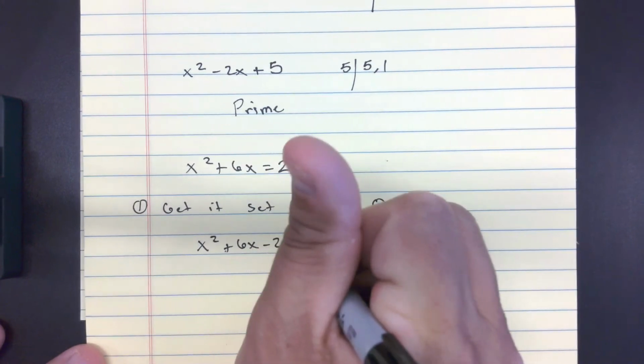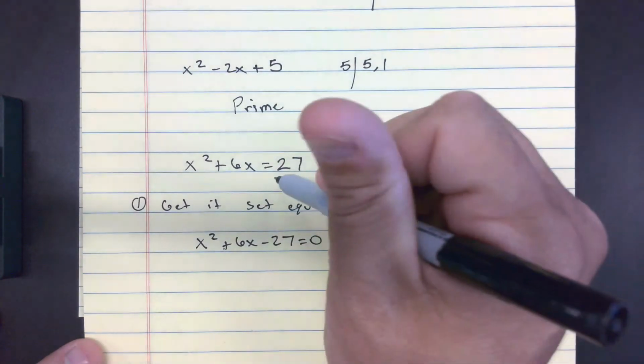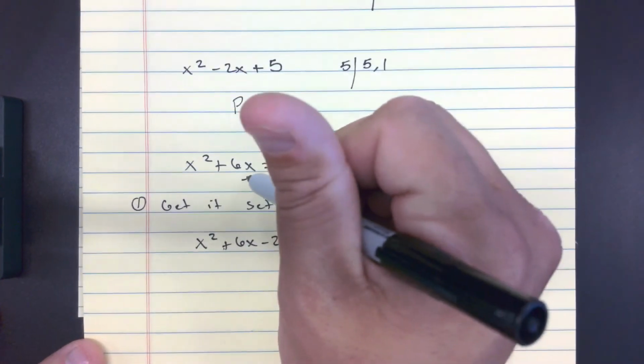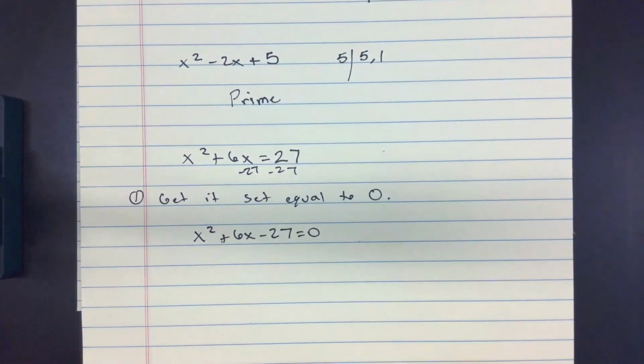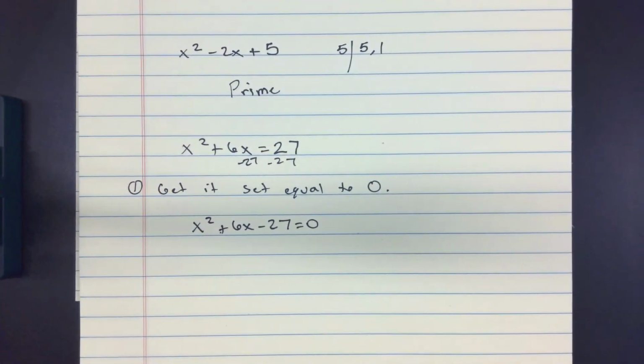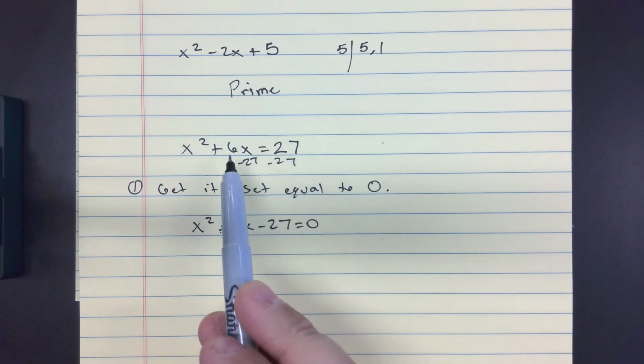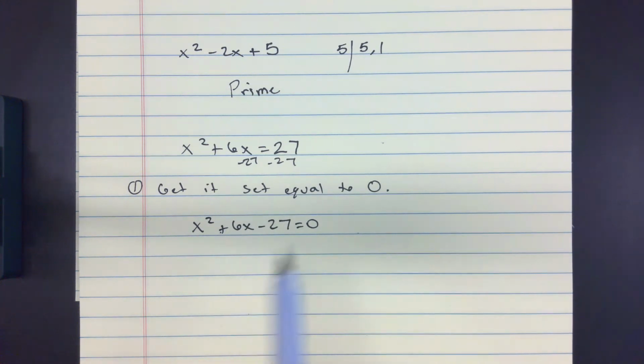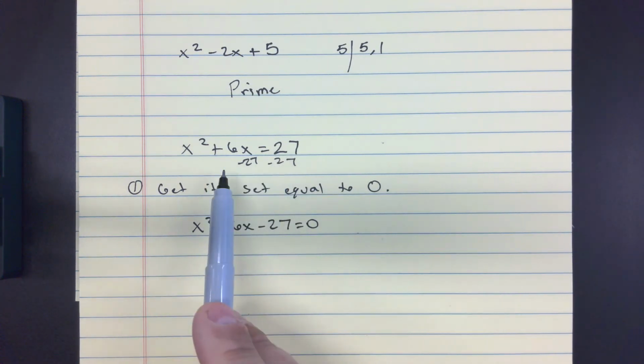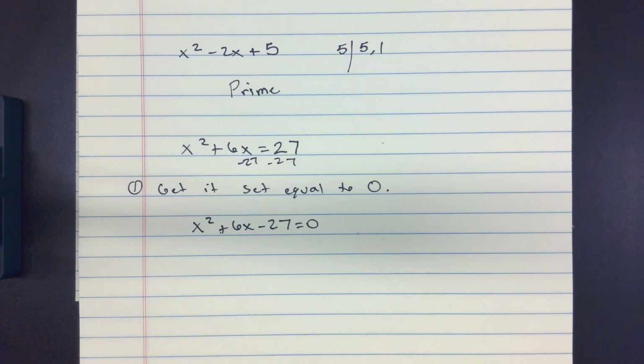So we're going to subtract 27 to the other side. In order to move it from one side of the equation to the other, you have to do the opposite. So if this was a negative over here, you'd make it a positive over here. So the first thing is you have to get it set equal to 0.